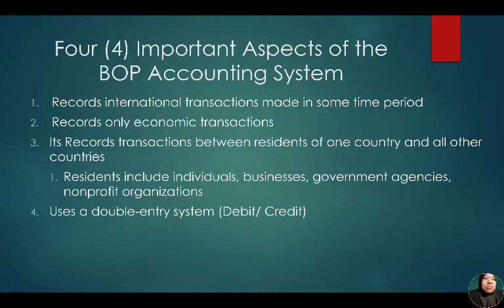And there are four important aspects of the BOP accounting system. The first one is to record international transactions made in some time period. Second, it records only economic transactions. It records transactions between residents of one country and all other countries, and it also uses a double entry system, debit or credit.